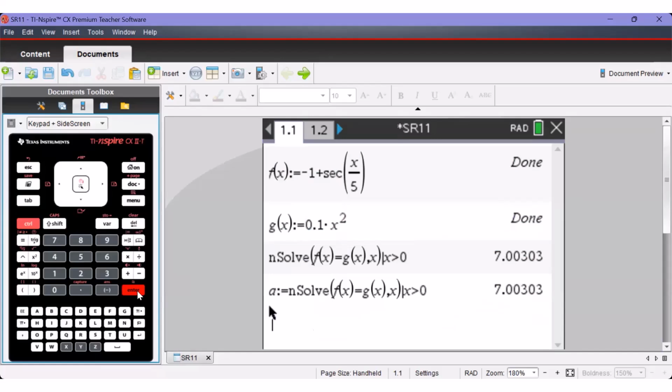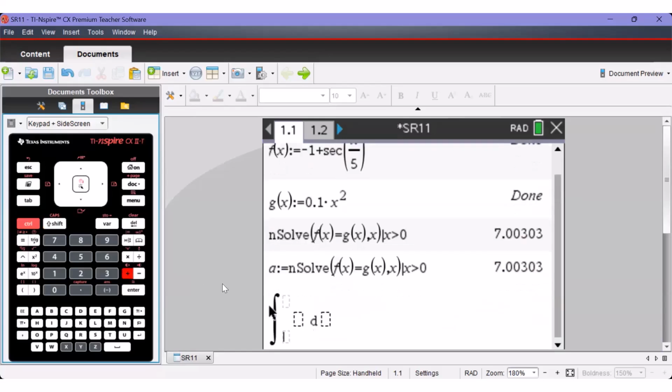So what we can do now is we can use this neat shortcut. We press Shift plus, the definite integral template is now pasted onto the screen.